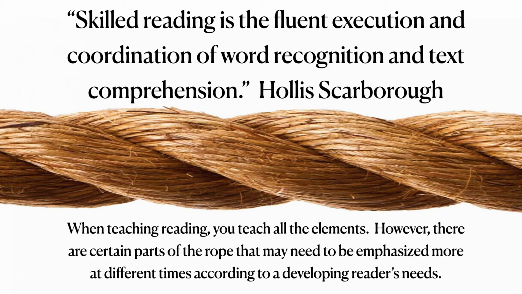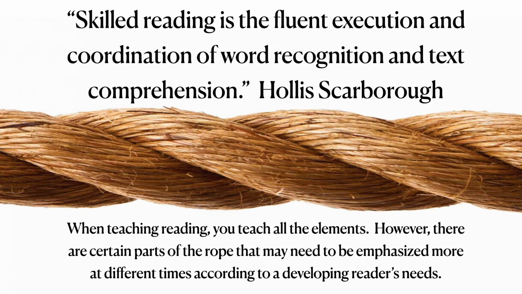That means when students are reading, all of it is working at the same time. It's all intertwined, and it's all helping each other twine together to make that reading occur. Now, she says this: when teaching reading, you teach all the elements. However, there are certain parts of the rope that may need to be emphasized, not in totality, but may need to be emphasized more at different times according to a developing reader's needs.